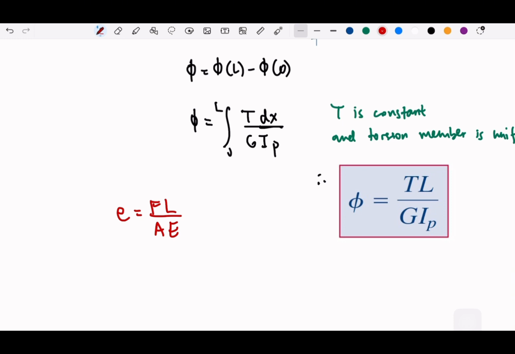In axial deformation, it's the elongation. But in terms of torsion, it will be the angle. This is the torque, like F, same length. We have the modulus G, like E, and this is the inertia, like the area.